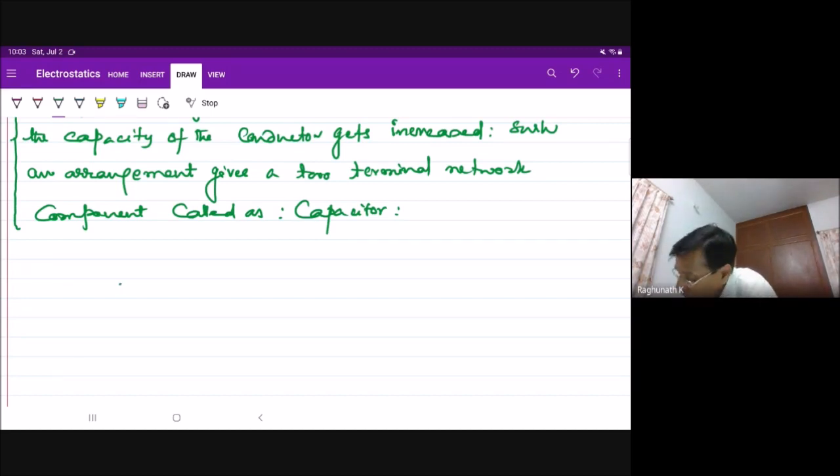Point number 1. Check whether you accept or not, whether it is clear or not.